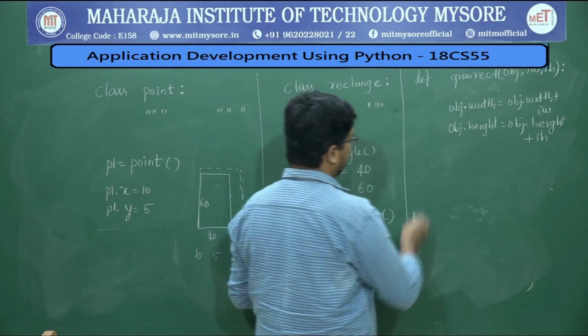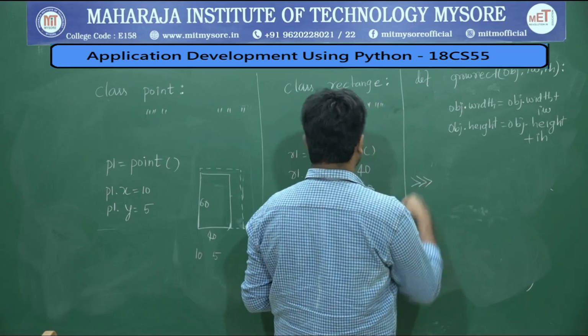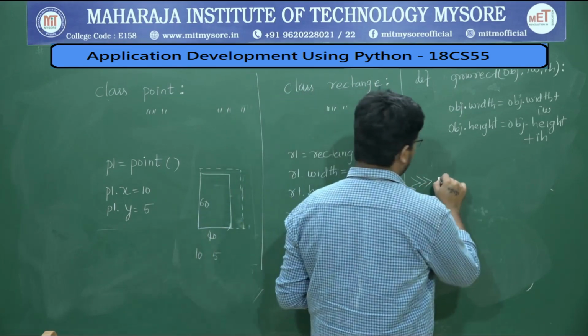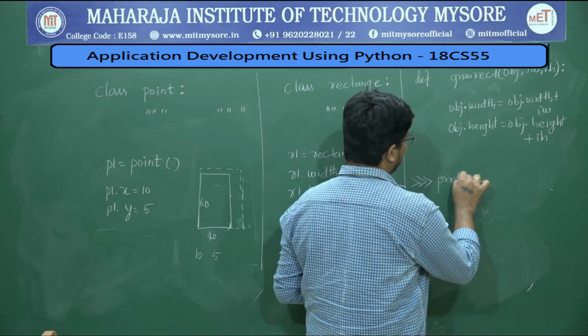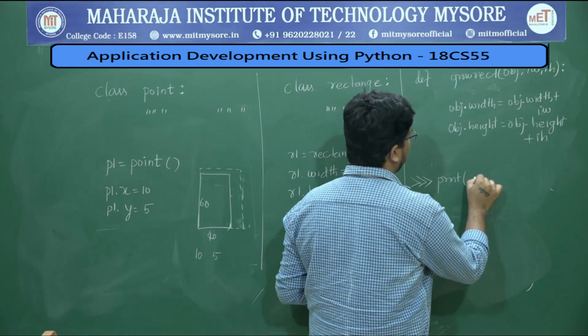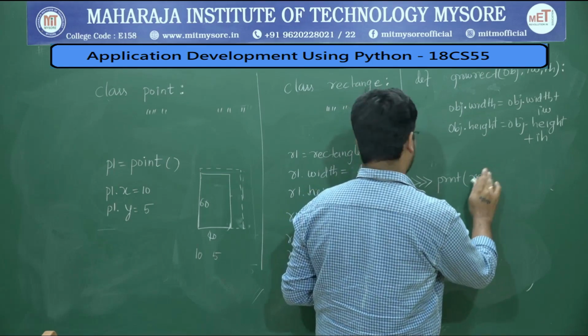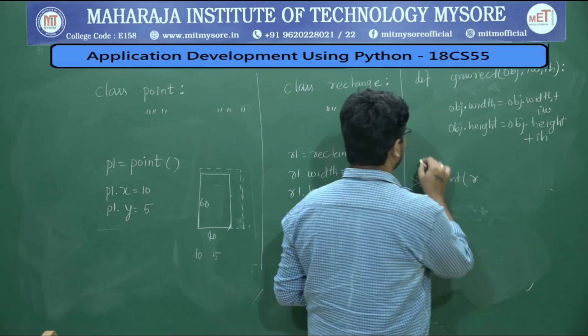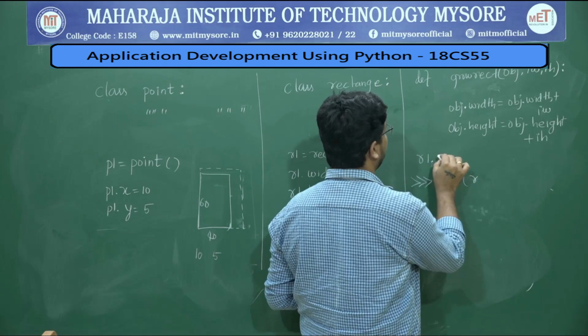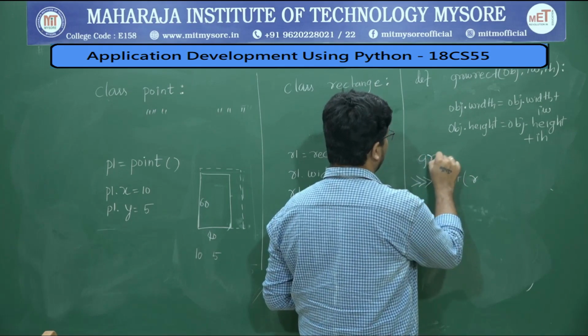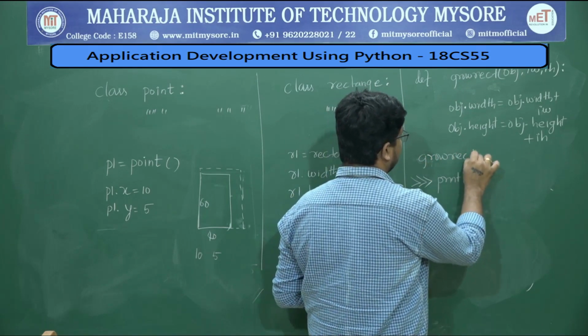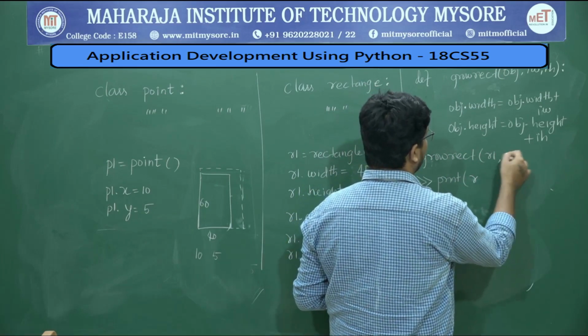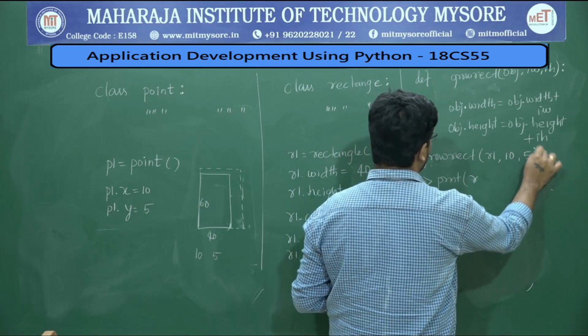So let us consider, let me run this program from terminal. If you want to check, print the rectangle that is R1. Let me call grow_rectangle of R1 comma 10 comma 5.